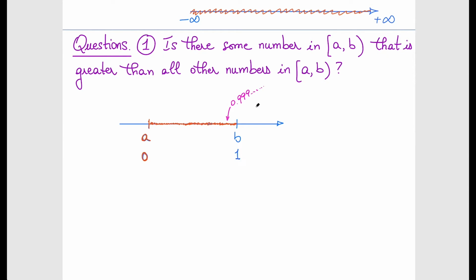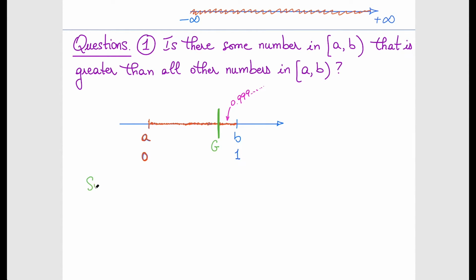Let me pause here for a second. Let me keep the discussion in the abstract context. Let's stay within AB. Okay? So if you say that there exists a largest element, let's call it G, the greatest. If there exists a greatest element here, maybe the 0.999, etc., whatever that thing is, certainly G is part of this set, right? G is part of this interval.